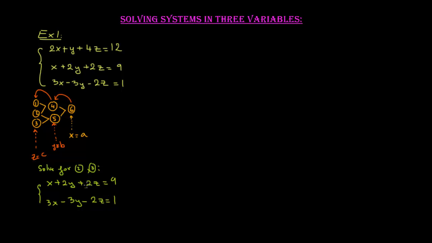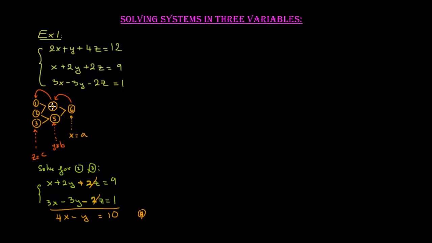As we see, the z variable has opposite coefficients, so when I add the two equations together, this one will be cancelled out. It gives me 4x minus y equal to 10. 4x minus y equal to 10 is my fourth equation. This is equation number 4.